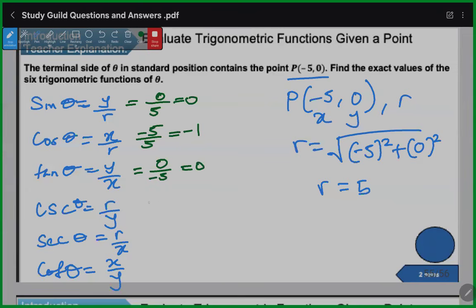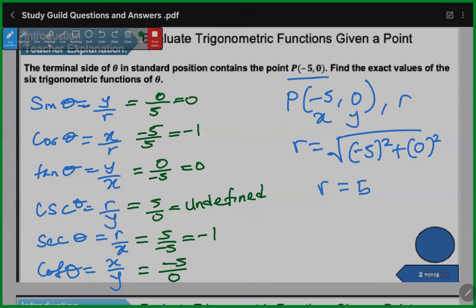Then cosecant is going to give you 5 over 0, and this is undefined. Then you have sec, which is 5 over -5, that will give you -1. Then cot, which is -5 over 0, and this will also give you what? Undefined.